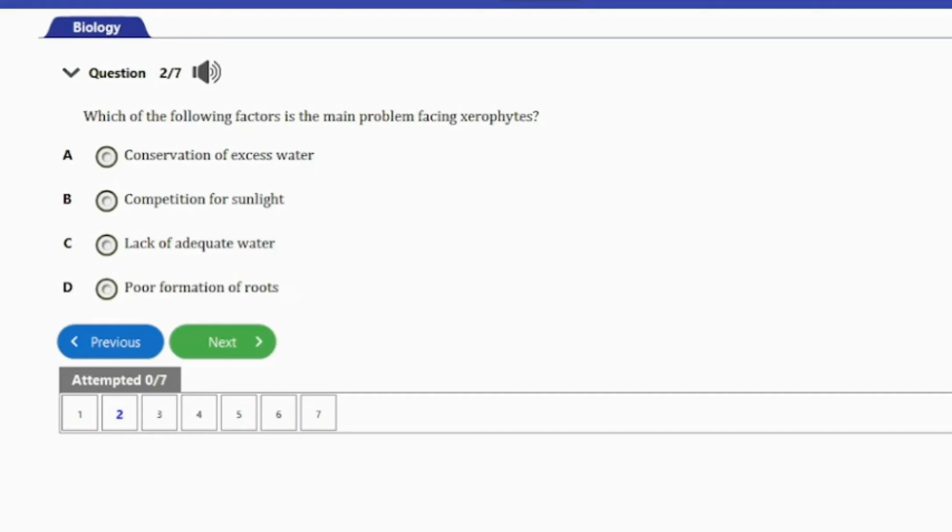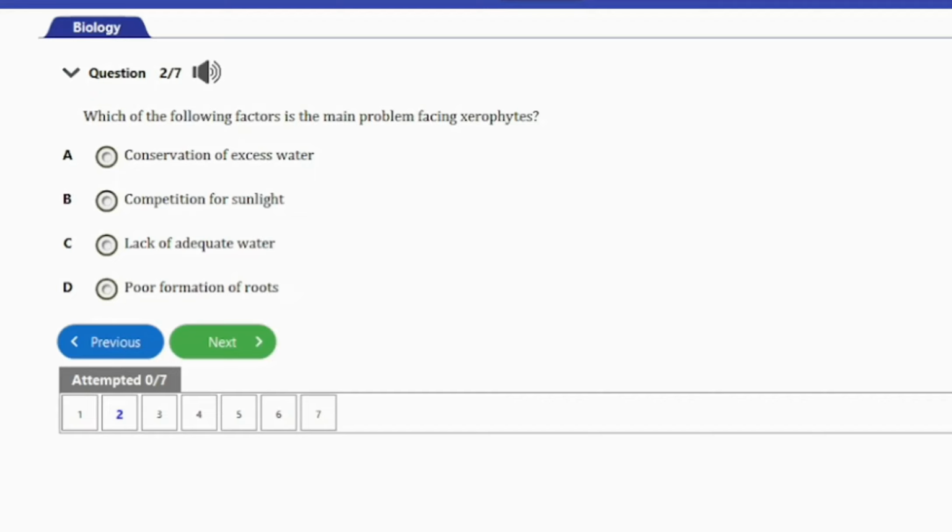So guys, the major factor that is a problem facing xerophytes is actually lack of adequate water. Xerophytes are plants that are found in desert environments, and the only feature here out of all the features here that is the major factor that these plants face is lack of water. And that's it for that question, option C.